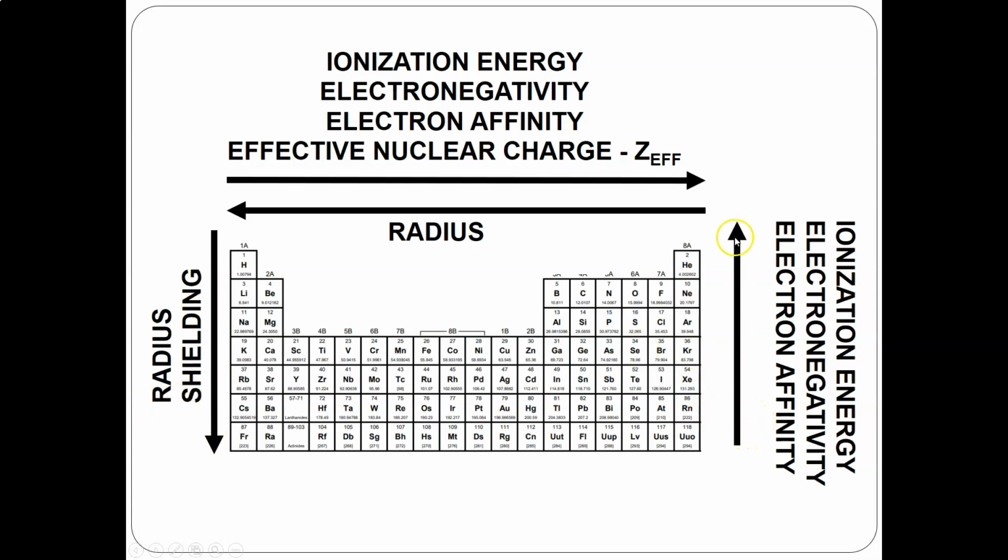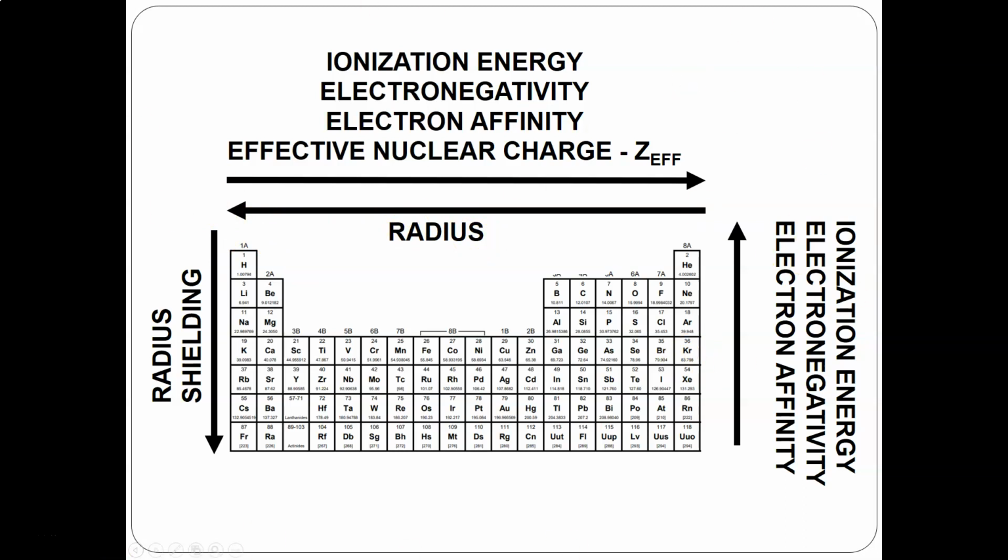As you go up, you have an increased ionization energy, an increased electronegativity, also that increased electron affinity that you might see once in a while, okay? As you go to the right, you're going to get a larger ionization, larger electronegativity, larger electron affinity, greater effective nuclear charge. As you go to the left, you get a bigger radius, okay?